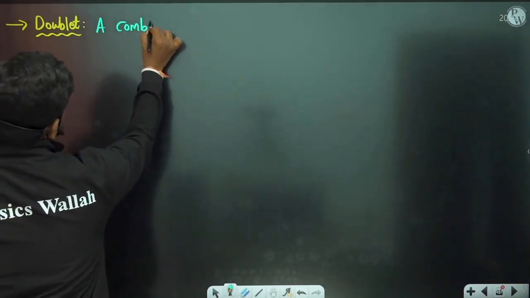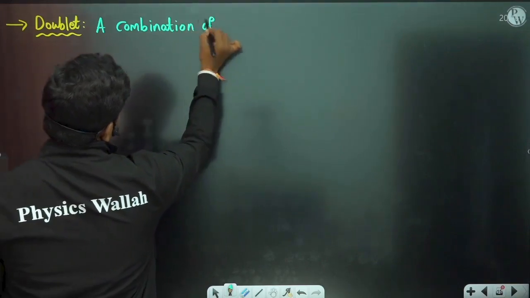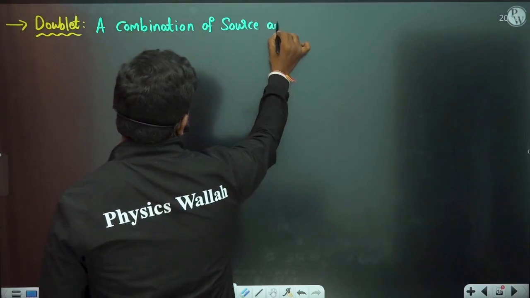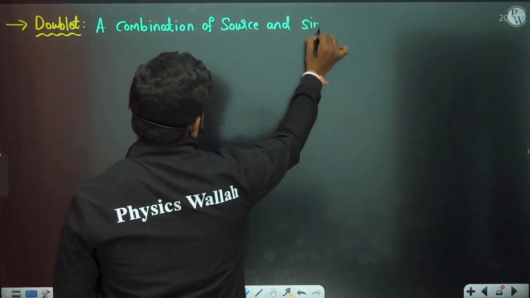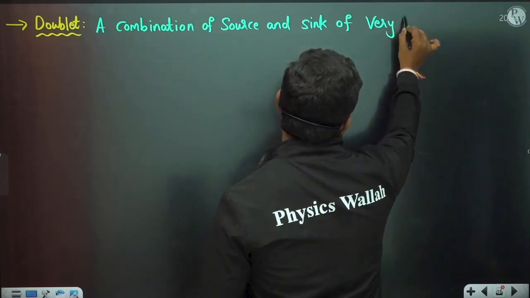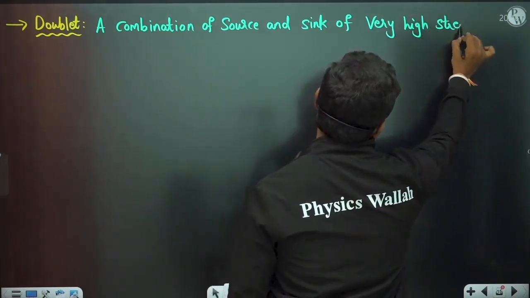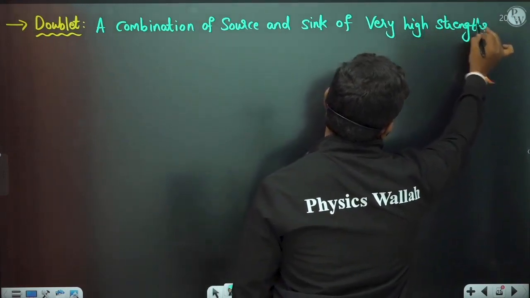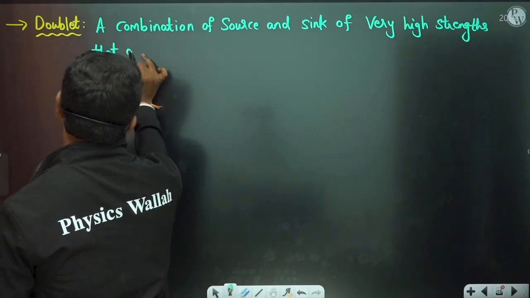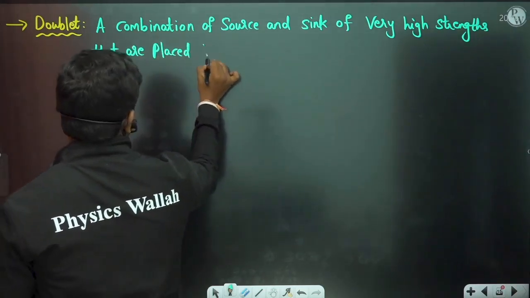A combination of a source and a sink of very high strengths that are placed very close to each other.